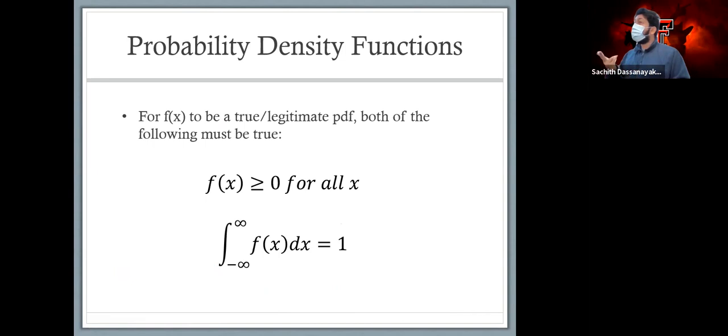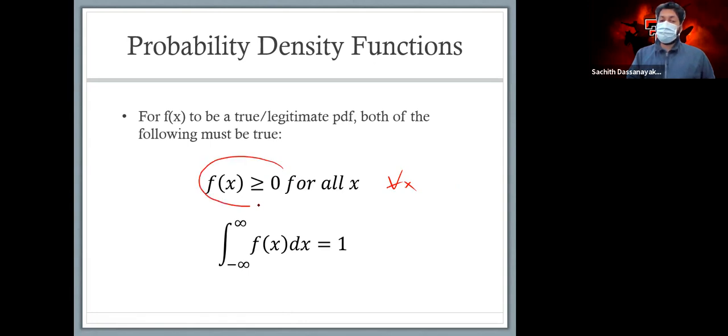First, the function is greater than or equal to 0 for all x. So your function f(x) is greater than or equal to 0 for all x, and also the integral, which means the area under that curve from its beginning to its end, should be equal to 1, which means the total probability equals 1.